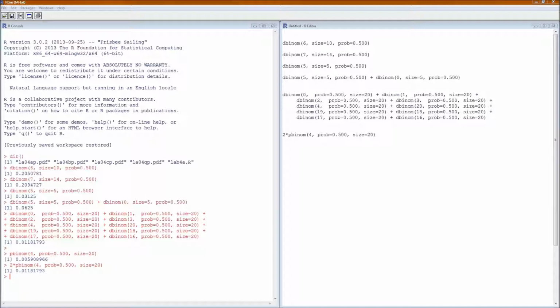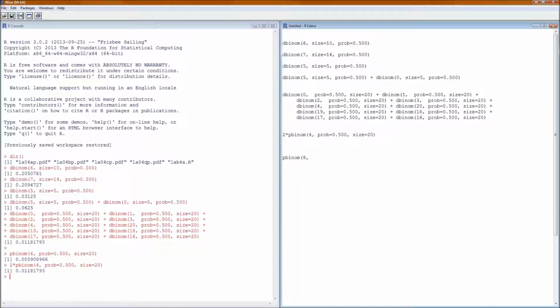So step 2D shows us how to calculate some very important probabilities. For instance, I want to calculate the probability that x is less than or equal to 8. Because it's less than or equal to, I'm going to do p. Because x has a binomial distribution, I'm going to do pbinom. Because I want to find the probability that x is less than or equal to 8, it's going to be pbinom of 8.